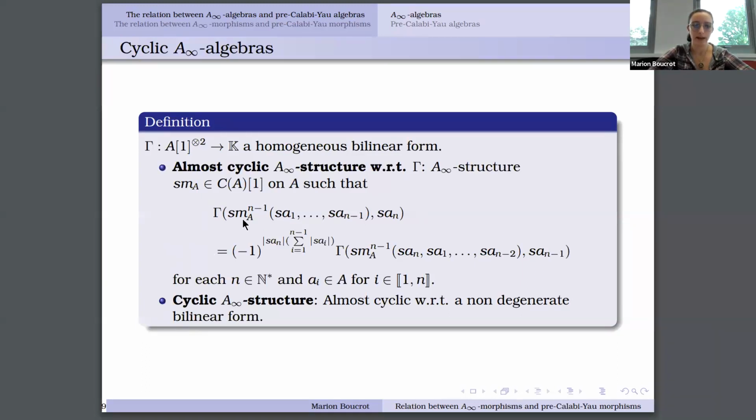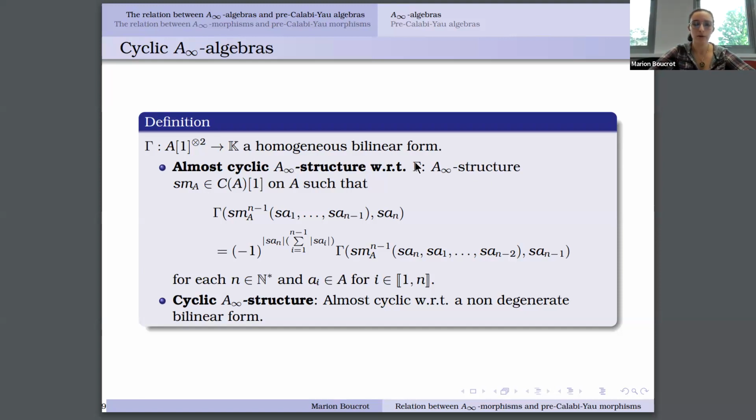Here we apply gamma to S, the infinity structure, which takes as an argument lots of elements of A, and here we have another element of A, in fact of A shifted by 1, and we want this to be equal to almost the same thing up to a sign, where we have permuted this last element with all the others to put it at the beginning. We want all this identity to have an almost cyclic infinity structure.